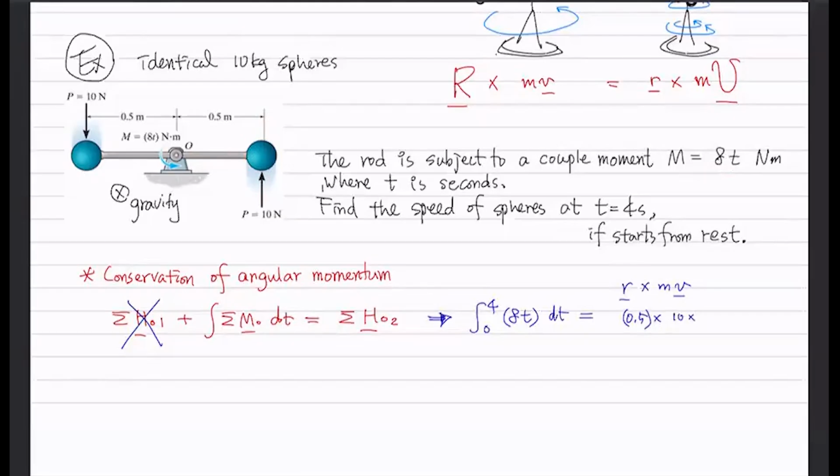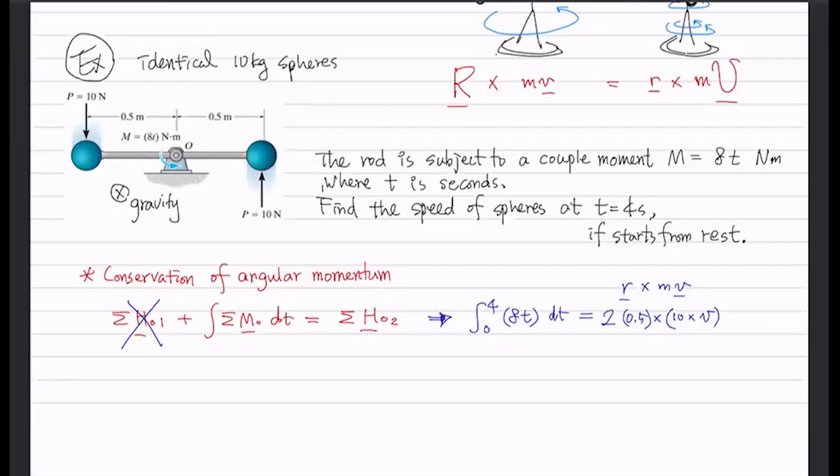V is what we want to find out, right? And because we have 2 of them, we have to put 2 there, because it's a summation of all angular momentum. So we just found the angular momentum of this guy here, and we have 2 of them, so we just multiply 2.